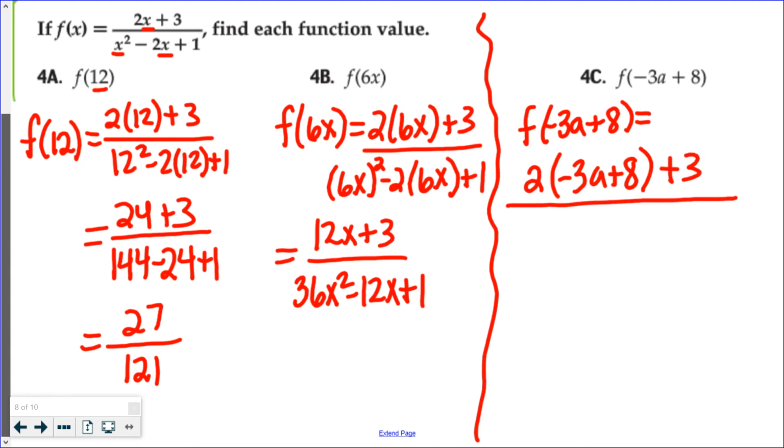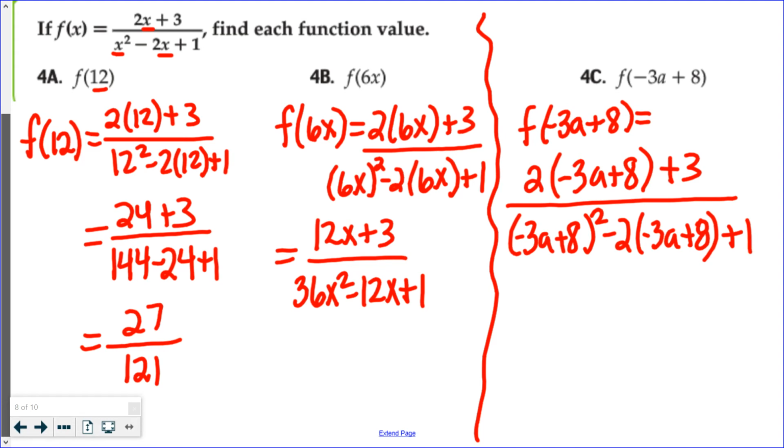And my denominator up there, first I've got x squared, so that's going to be negative 3a plus 8 squared. And I've got minus 2x, so negative 2 times negative 3a plus 8. And then plus 1. That's a little bit gnarly.